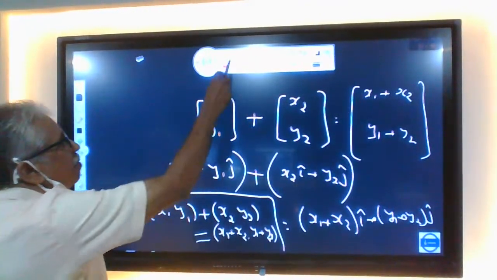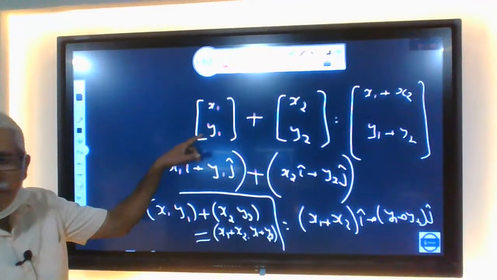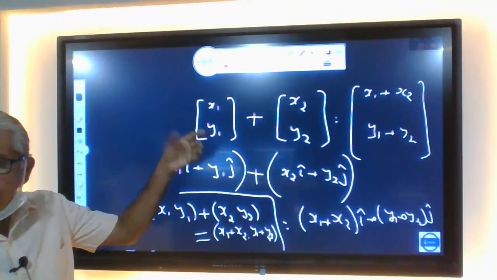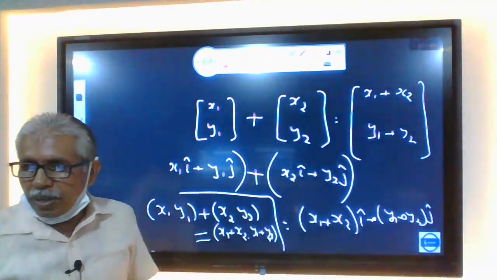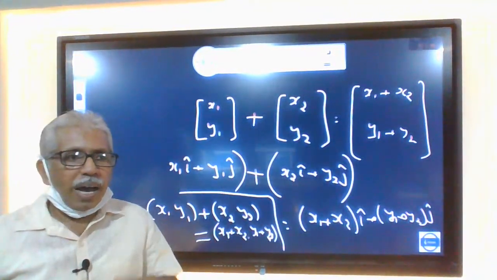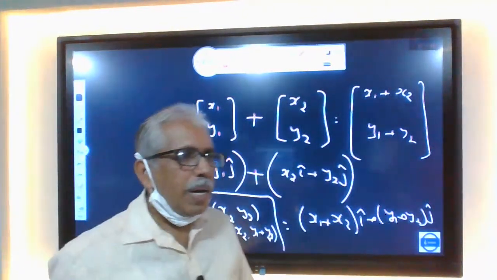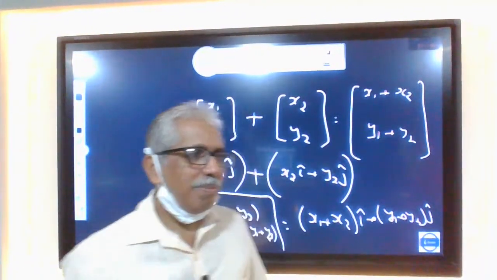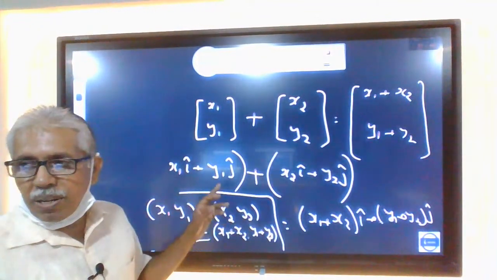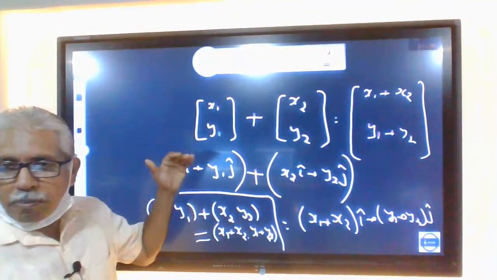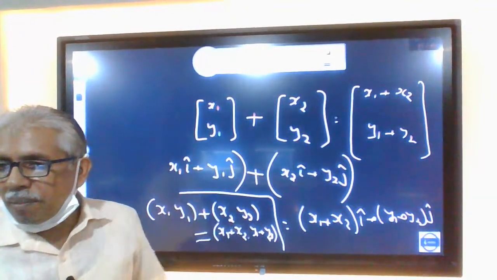Now, if x1, y1 is a point, it can be written using vectors. In the case of vectors, you have scalar multiplication, the product of a scalar with a vector.